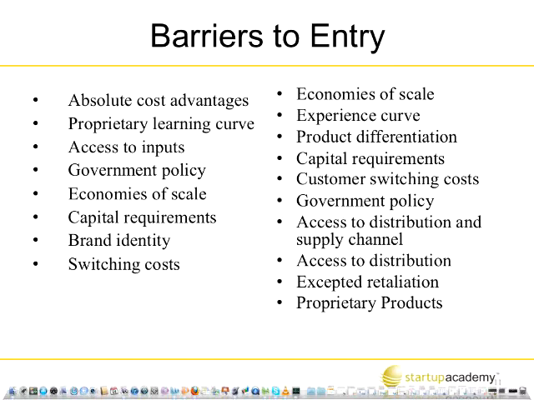Because if barriers are high, then it's less likely additional competitors will enter the market. The more competitors in the industry, the more competitive the industry is, the lower our profits will be. And of course, in the extreme, the barriers to entry are so high that there's only one entrant in the business, us, and we're a monopoly. That's, of course, the extreme case.